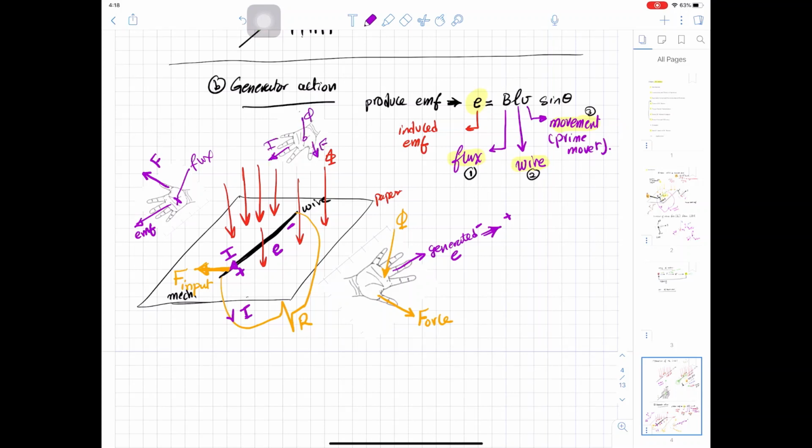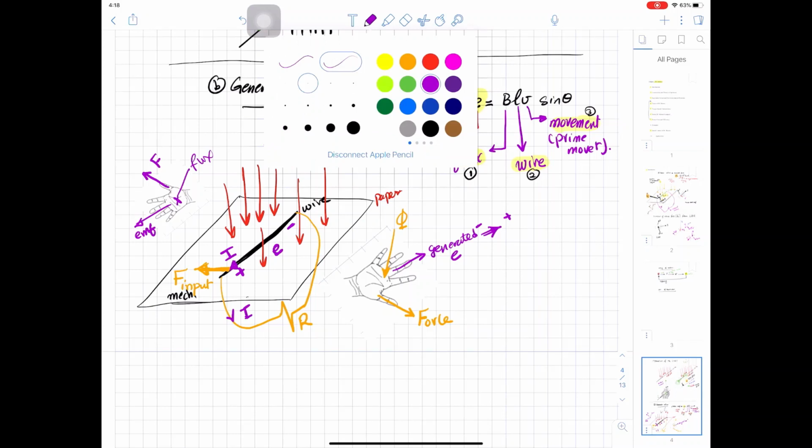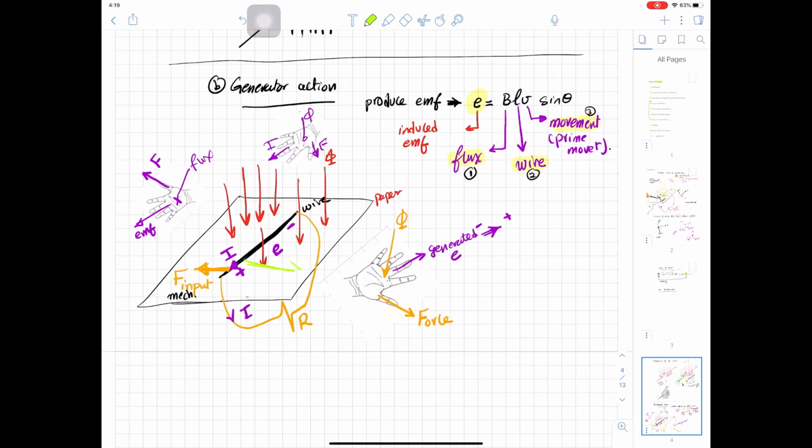This will be the direction of the force. So here we will have an induced force in this direction. This is an F induced from current. And you can see that the induced force is against the input force. For the generator, you start to move the generator mechanically, so the reaction of the generator should be mechanical against your movement.